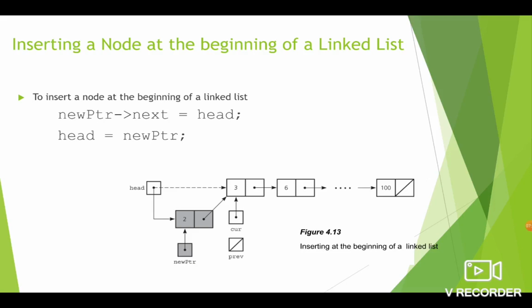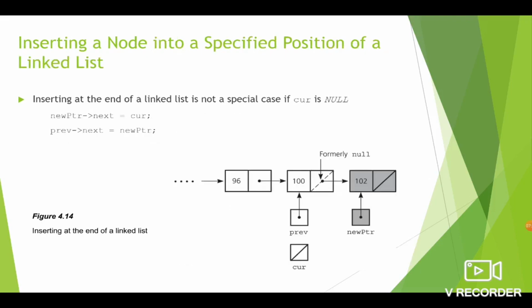So first we have to make the next part of new pointer point to the head node, that is 3. After insertion, the new pointer becomes the head node. So this is what happened during the insertion at the beginning of the linked list.